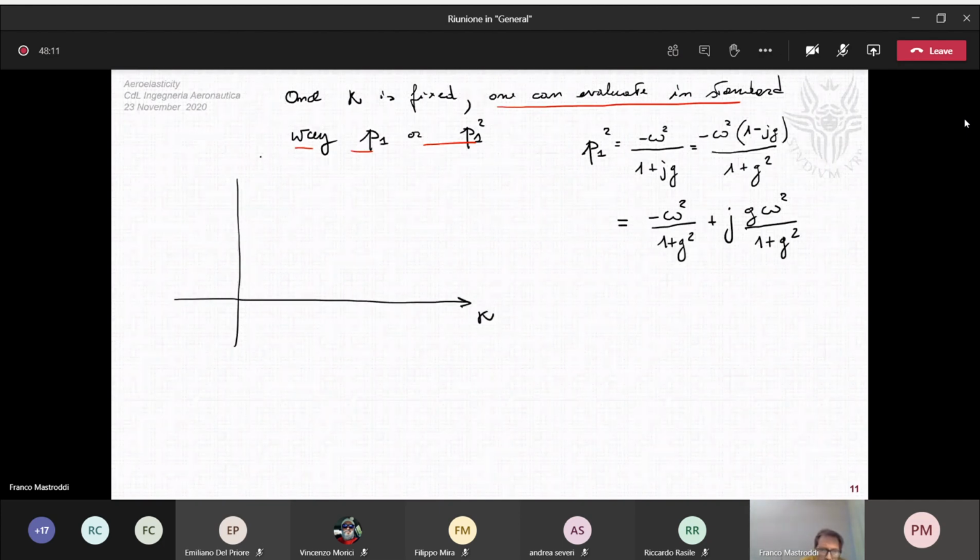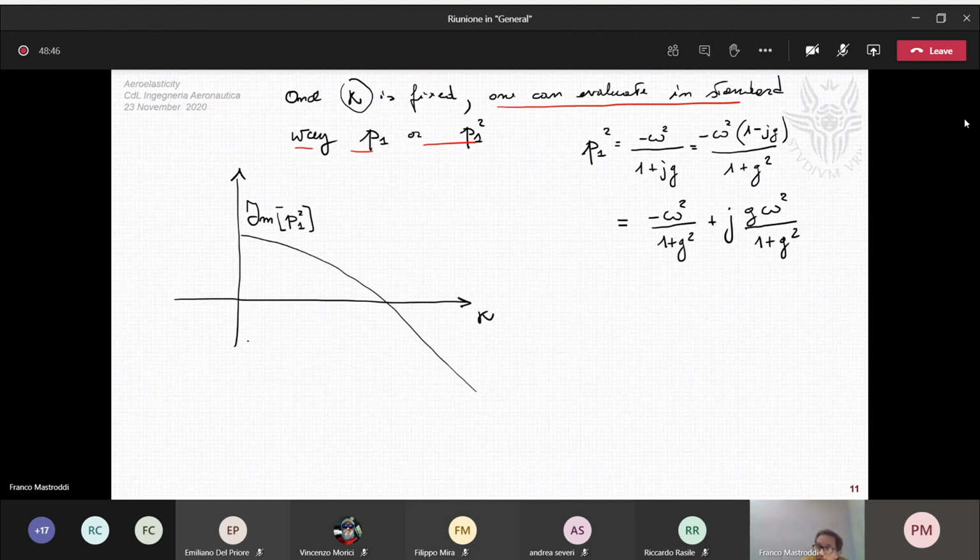Reducing the frequency, you can plot, for example, the imaginary part of P1 square. You fix this k value, and you can evaluate P1 or P1 square. So for each k, you can evaluate this imaginary part.